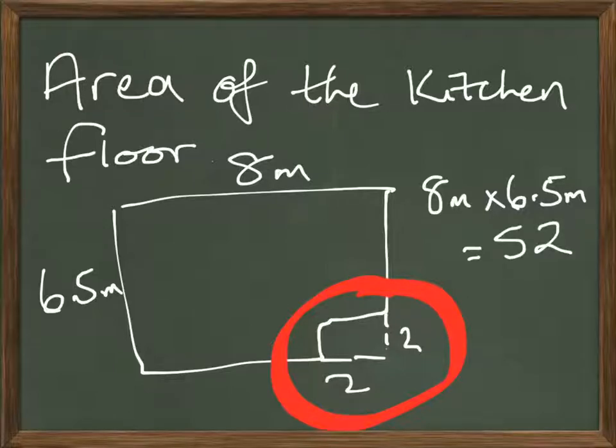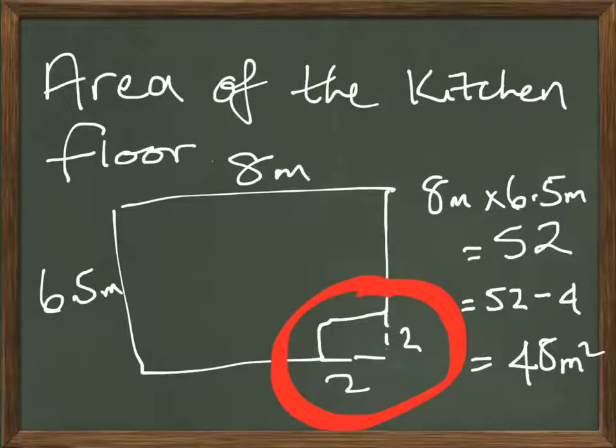So I'm using more than one device at a time. And then because we want to subtract this, so that we have the correct answer, we're basically going to say 52 minus the 4 is going to give us 48 meters squared.